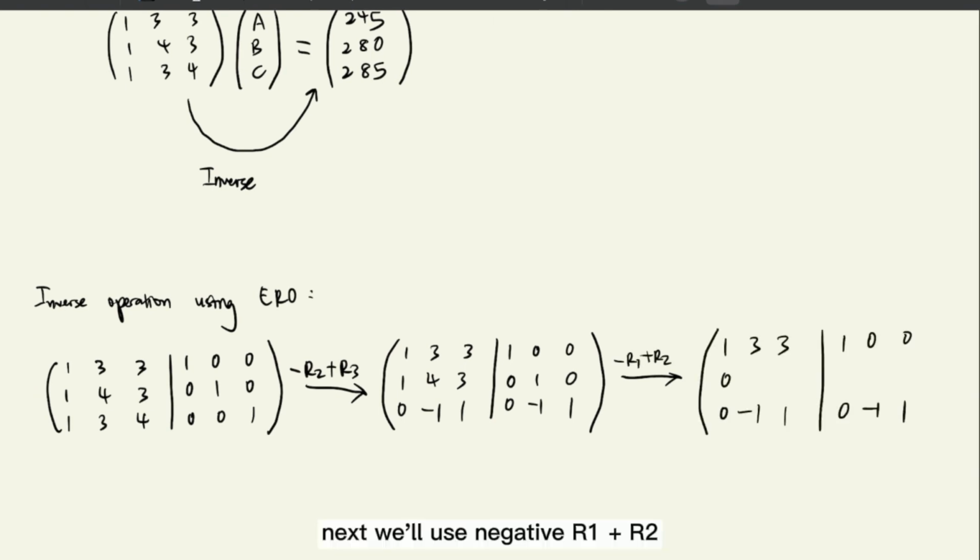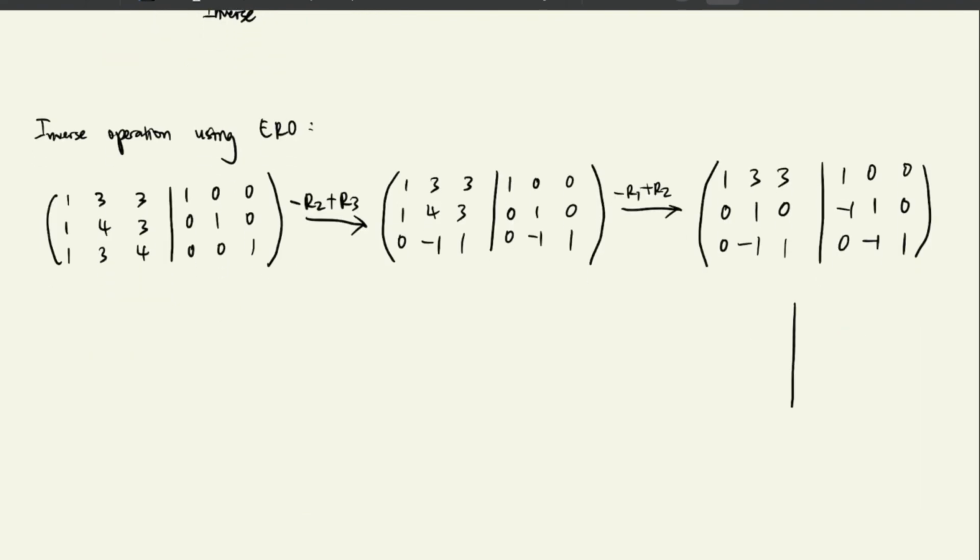Next, we'll use negative R1 plus R2. So the second row would be negative 1 plus 1, which is 0, negative 3 plus 4 is 1, and negative 3 plus 3 is 0. On the other side is negative 1 plus 0, negative 1, negative 0 plus 1 is 1, and negative 0 plus 0 is still 0.